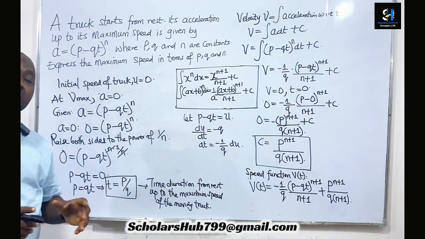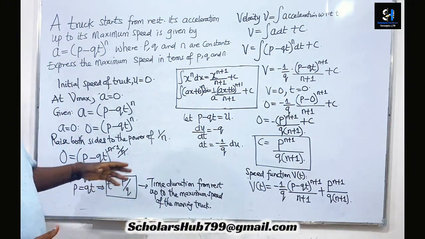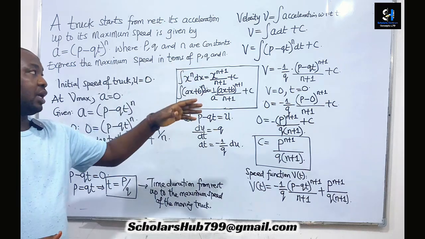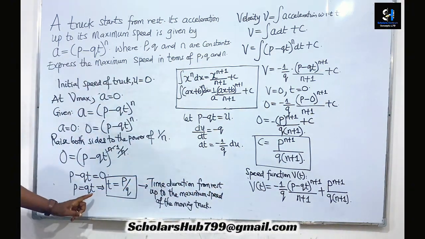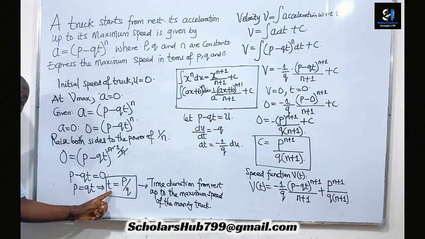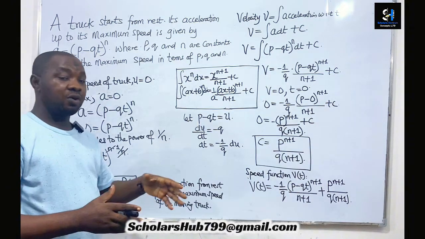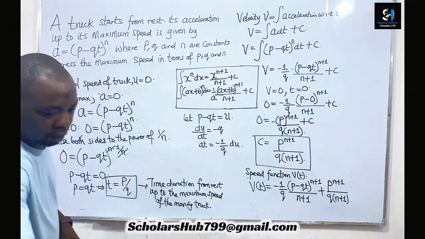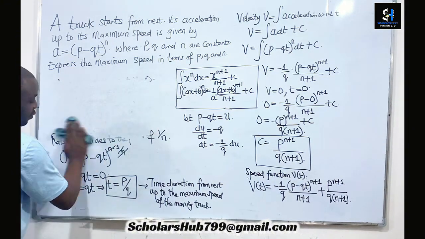Now, to write the expression for maximum speed in terms of p, q, and n, I'm going to substitute the value of t, the time duration from rest up to the maximum speed of the moving truck. Okay, so let me continue from here.